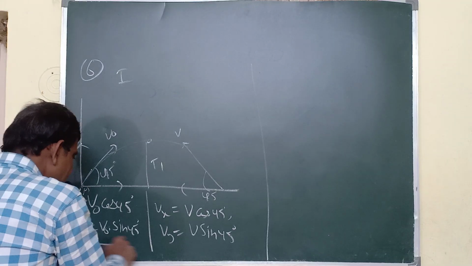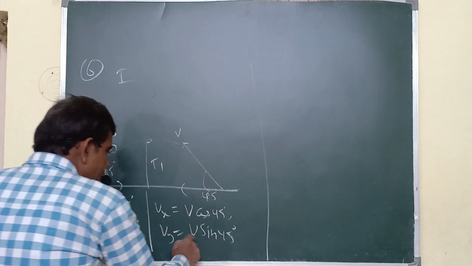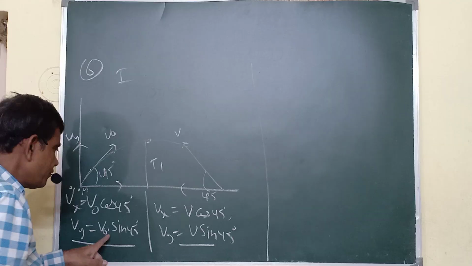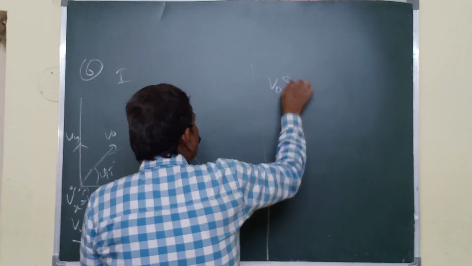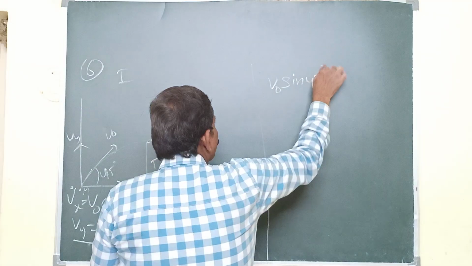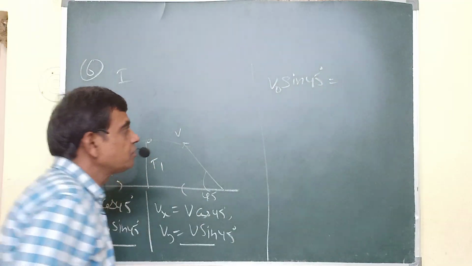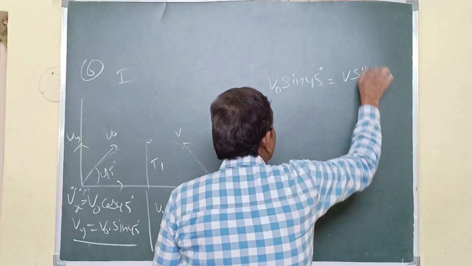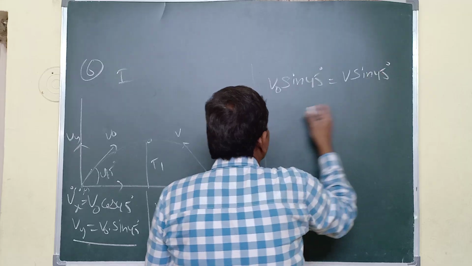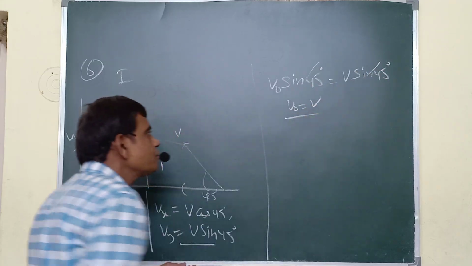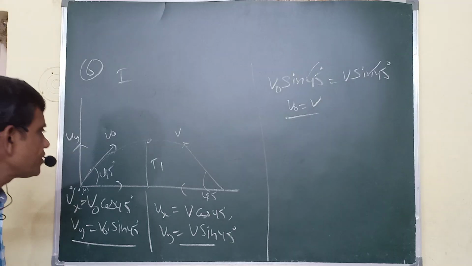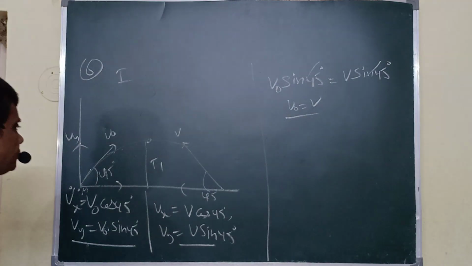V0 sin 45 equals V sin 45. The sin 45 cancels, so the condition is V0 equals V in this case.